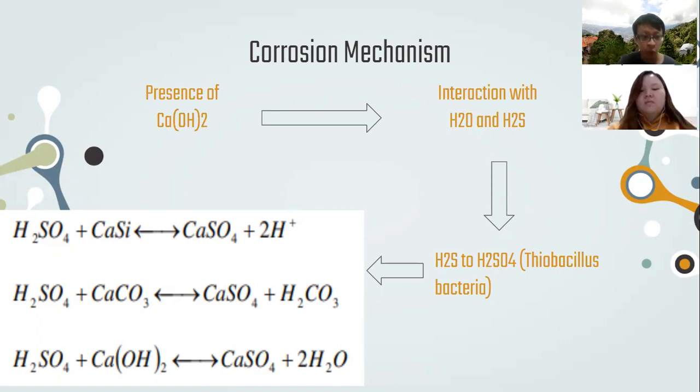However, the Ca(OH)2 layer will interact with CO2 and H2S, making it slightly acidic, which creates a very suitable breeding place for the bacteria that produce sulfuric acid. Later, the bacteria convert the H2S to sulfuric acid, and the sulfuric acid reacts with the concrete pipe elements to make them become gypsum, which is very soft and makes the pipe heavily corroded.